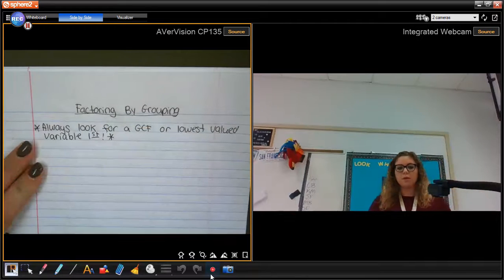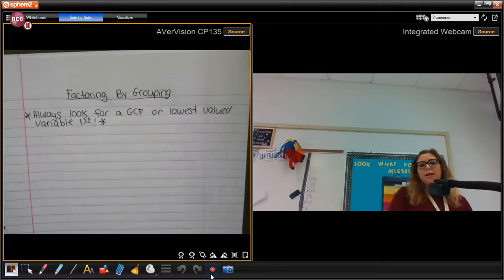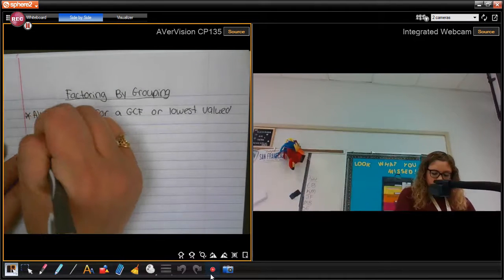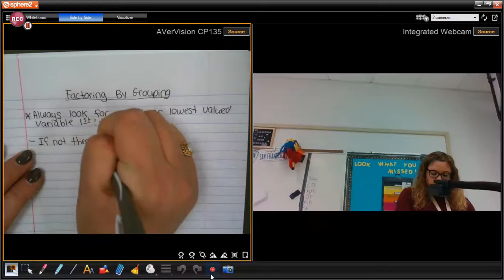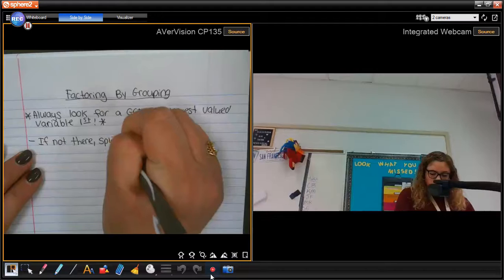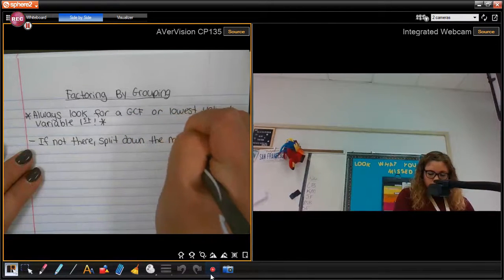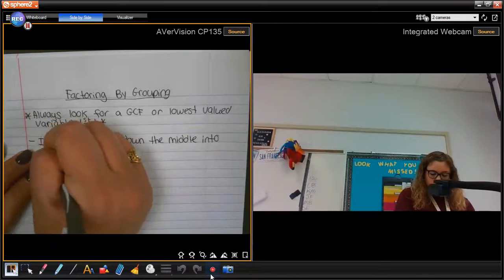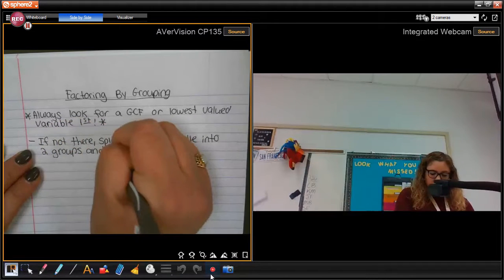Okay? If you can't do that, and if it's not in the form of ax squared or x squared, then you're going to split it into two groups, and then factor accordingly.